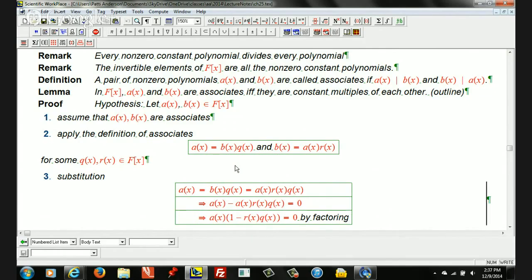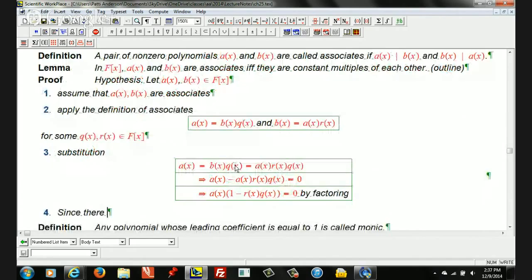Since there are no divisors of 0, one of those is equal to 0. Either A of X is equal to 0 or 1 minus Q of X R of X is equal to 0. But the assumption was that A of X was not equal to 0.